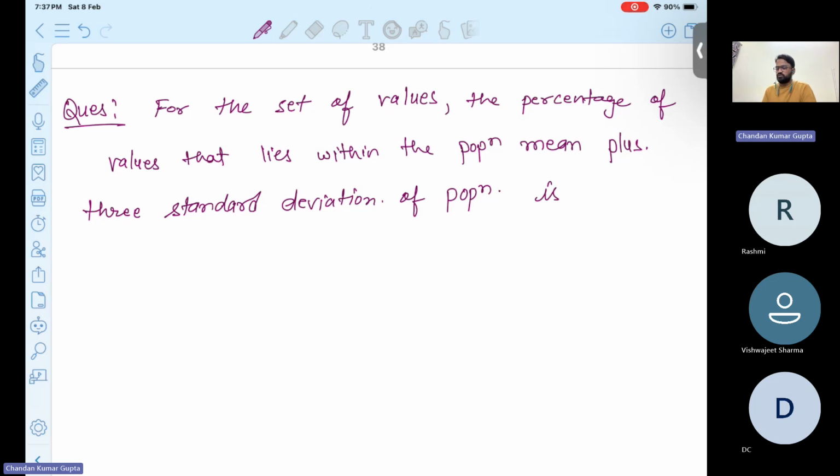We need to calculate the probability: how much probability lies within the mean value and three standard deviations from the mean value.